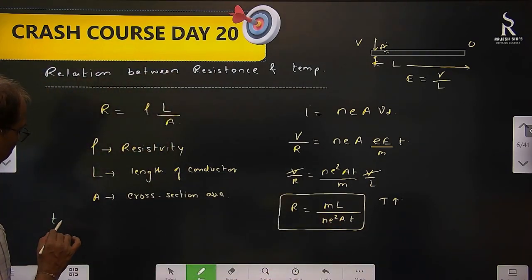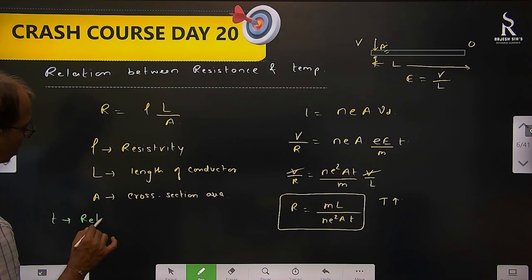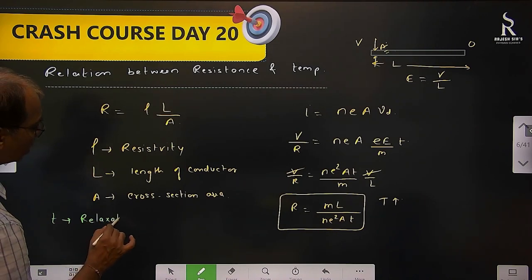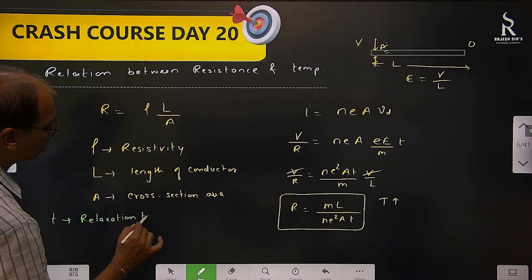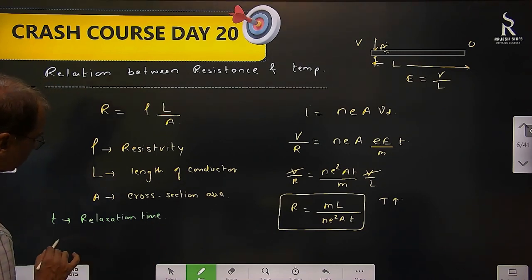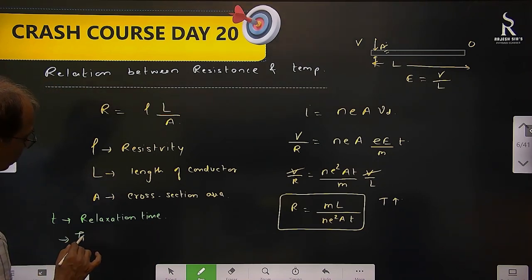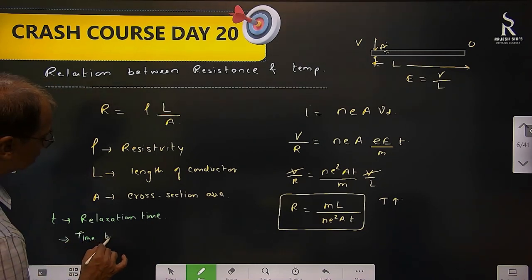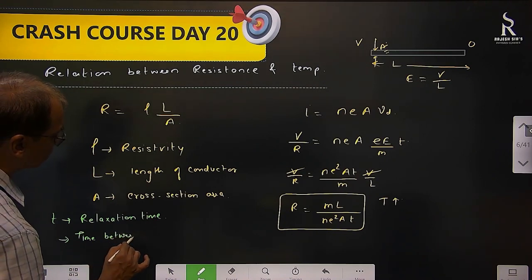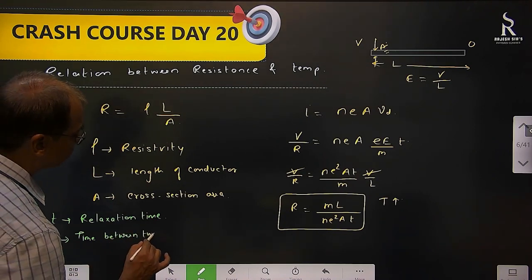Relaxation time means the time between two successive collisions of electrons.